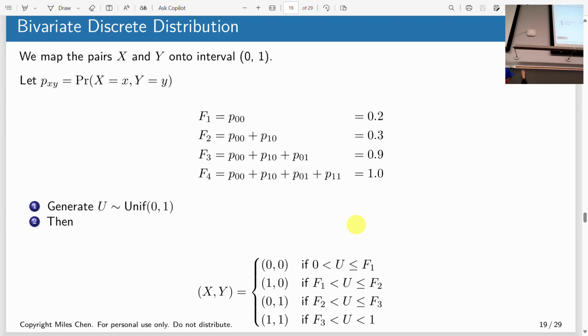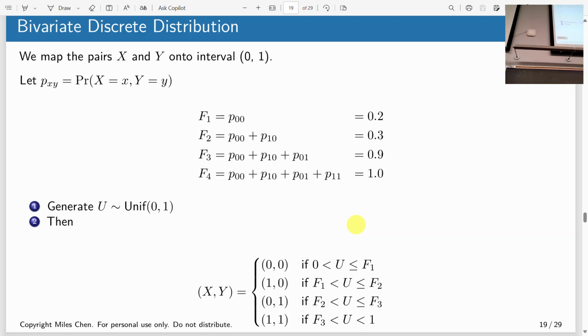So you have x and you have y, 0, 1, 0, 1. This is 0.2, 0.1, 0.6, and 0.1 here. We're going to map it from 0 to 1. This part will correspond to 0, 0.